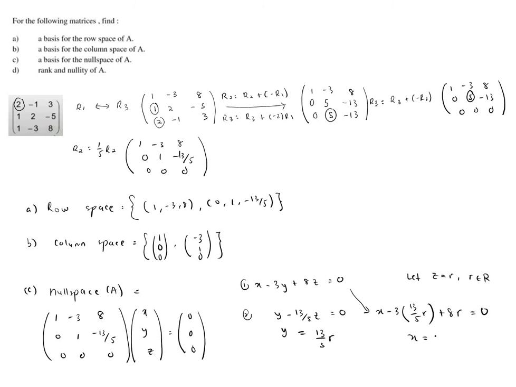Therefore x equal 3 dengan 5 tak boleh potong, 39 over 5R minus 8R. If we simplify 39 over 5 minus 8, we will get negative 1 over 5. So x is negative R over 5.